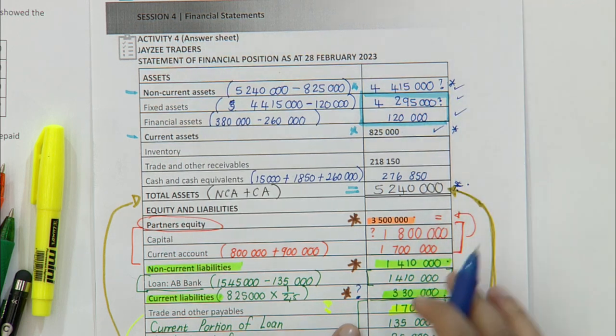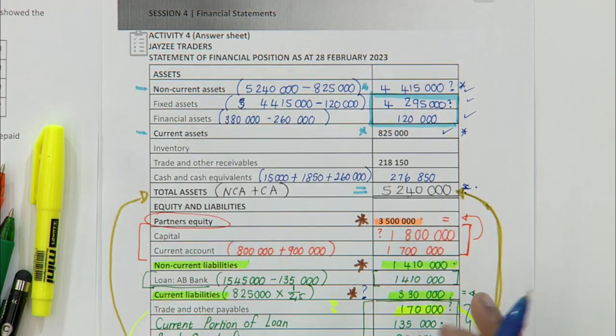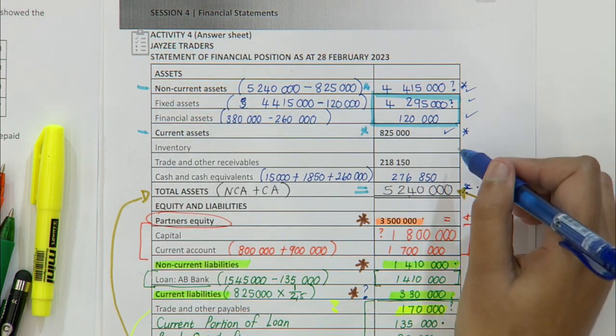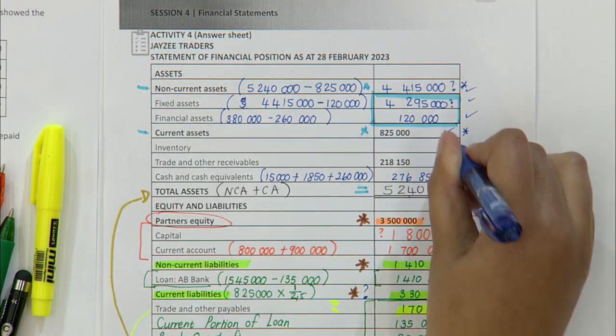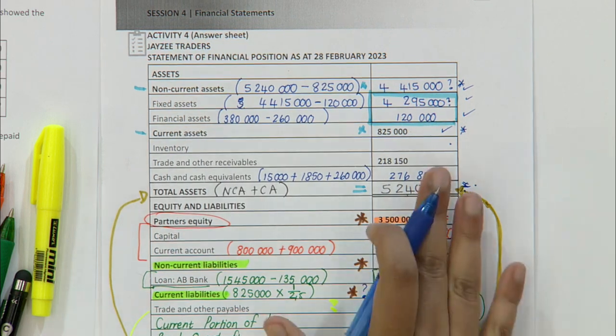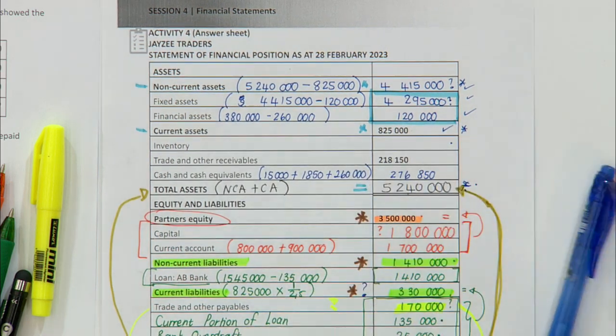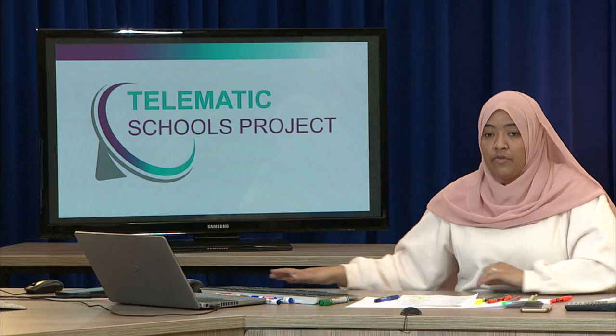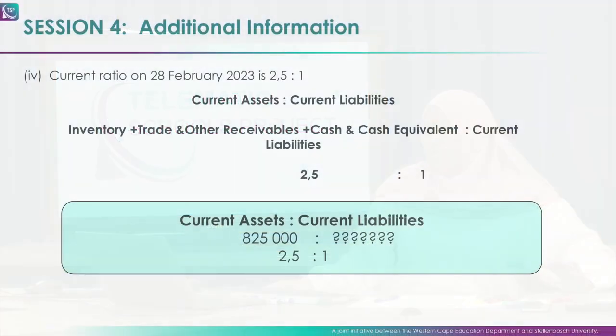That's complete. And now the last one that we have here that's not given is our inventory amount. Before I go to that, I would like to go back to the slides, just in case, because different information can be given for different reasons. In this session, we had the current assets, which was given.